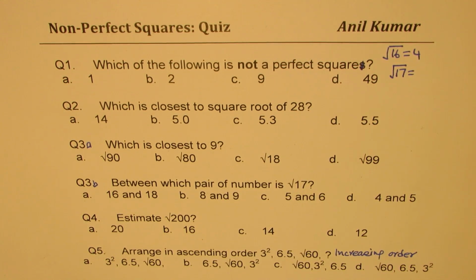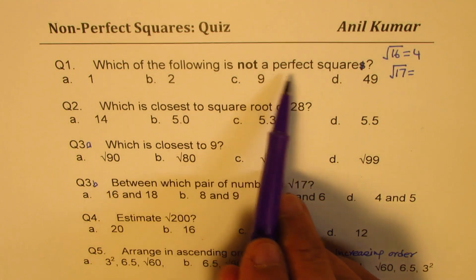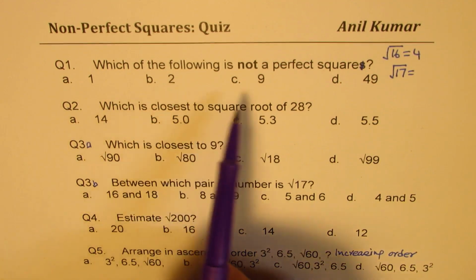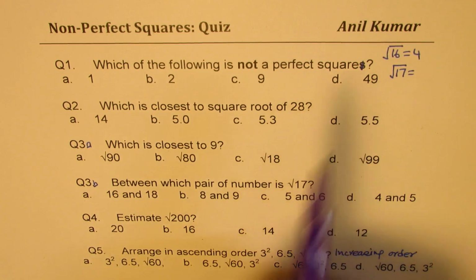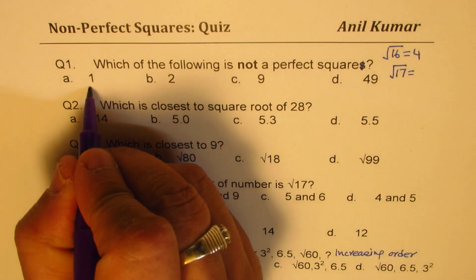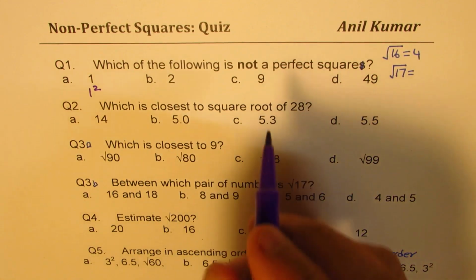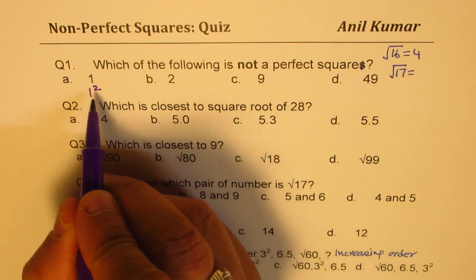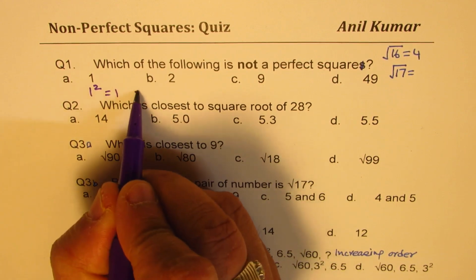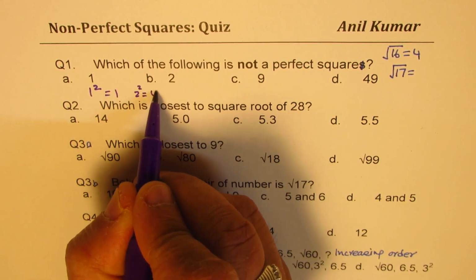Question number 1. Which of the following is not a perfect square? 1, 2, 9 and 49. Well, we know 1 square is 1. 2 is not a perfect square, right? Since 1 square is 1, but 2 square is 4.